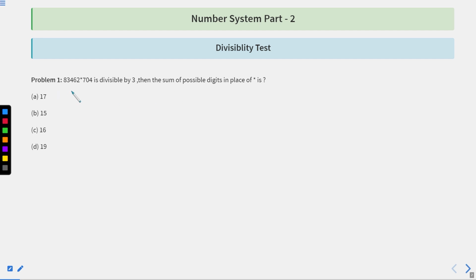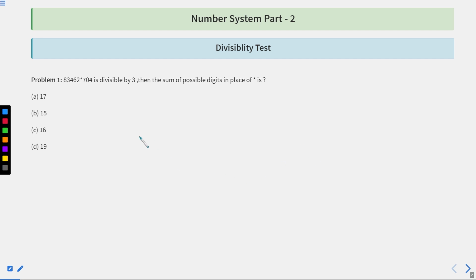Let me quickly tell you the question first, because whenever we are trying to solve a problem, we must understand the problem first. If the problem is clear to us, then more than 50% of the job is already done.